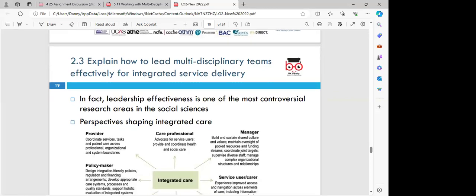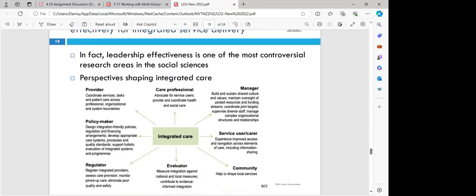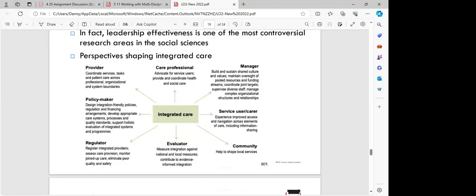Okay, so you have to explain how the multidisciplinary team works effectively for integrated service. In fact, leadership effectiveness is one of the most controversial research areas in social sciences. Perspectives shaping integrated care: you have the integrated care, and you have these branches. You have the care professionals. You may have the care provider.